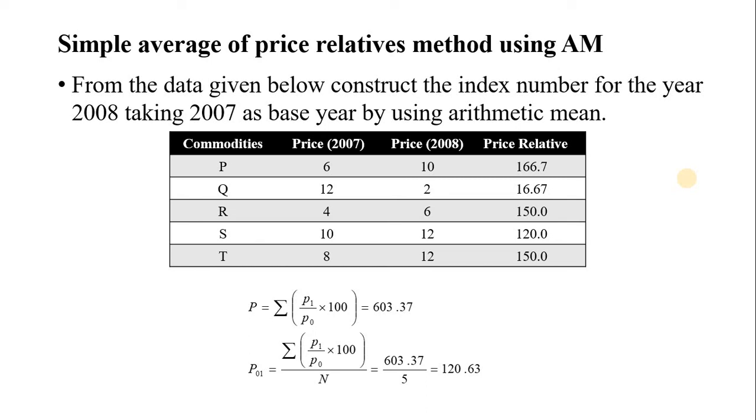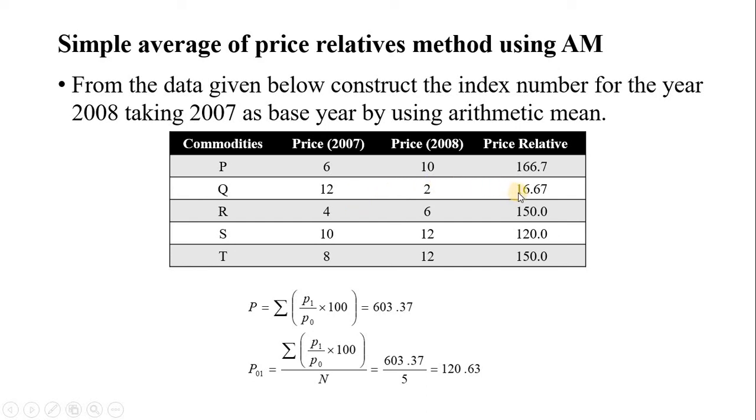Okay, so here what we have to do first is find the price relatives. So this is the current period price 10, the previous or base period price 6, 10 by 6 into 100, 166.67. This is what is called the price relative.